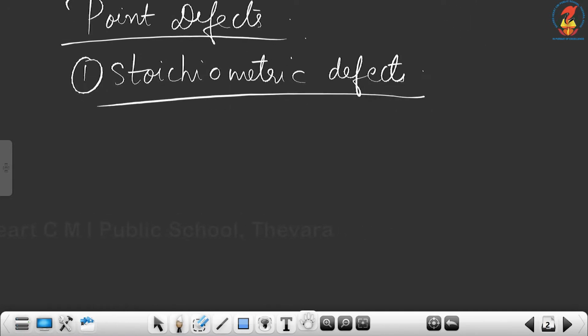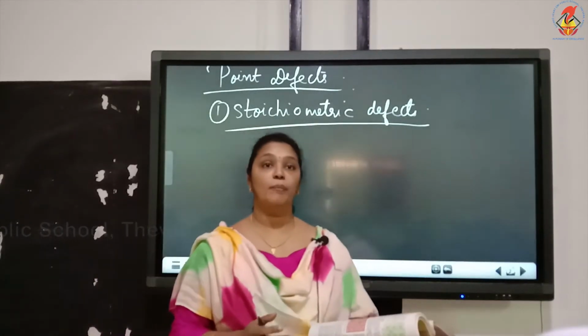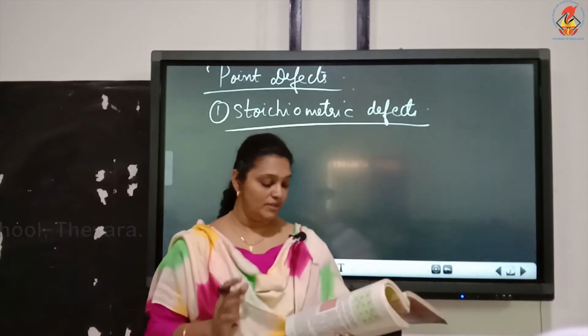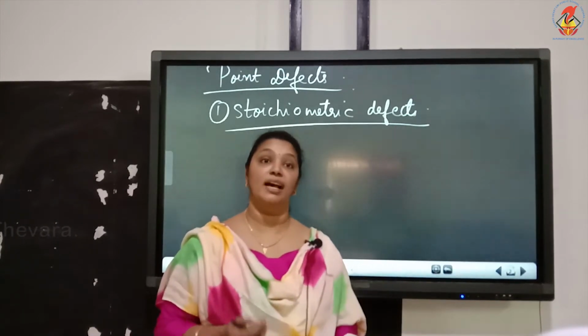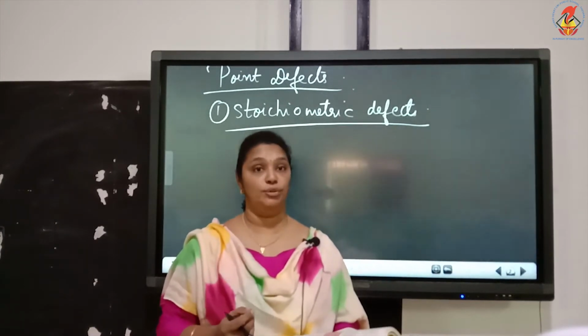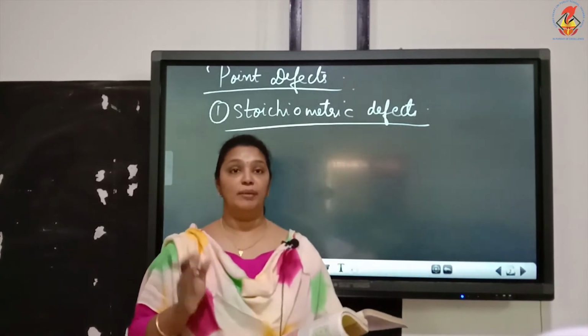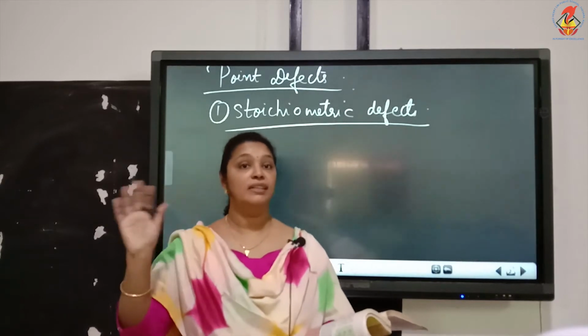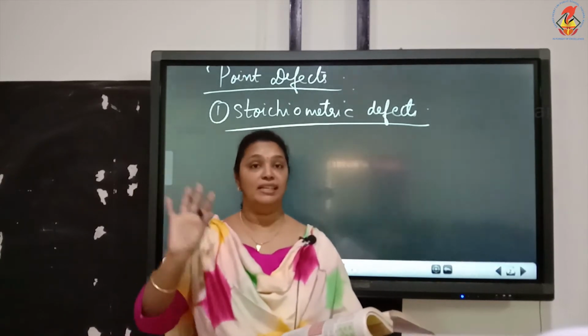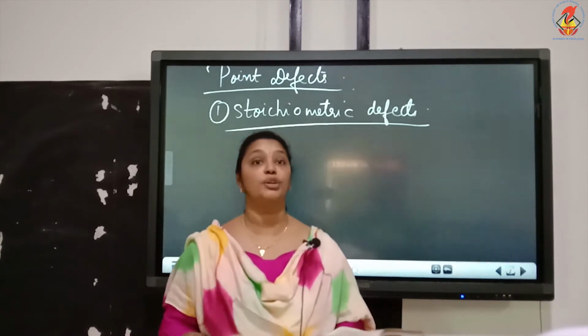Now, what do you mean by stoichiometric compounds? Stoichiometric compounds means compounds in which the number of positive and negative ions are exactly in the ratio indicated by their chemical formulae. They are called stoichiometric compounds.